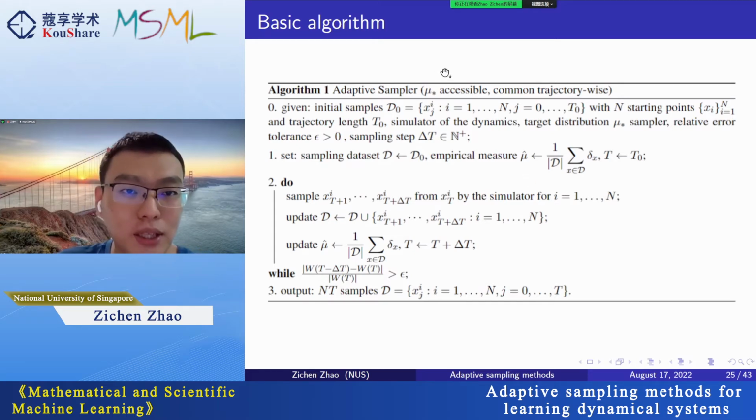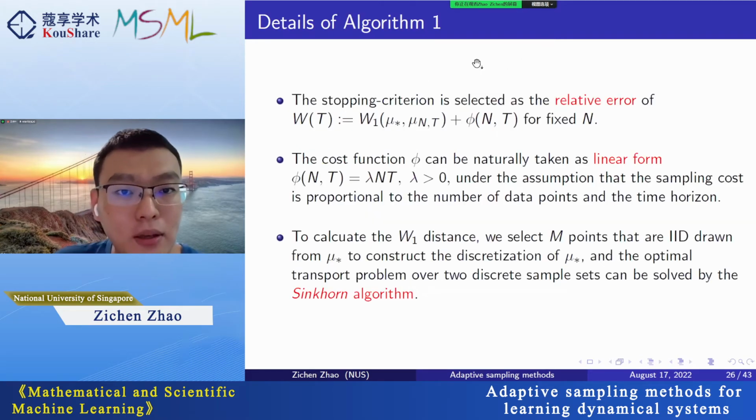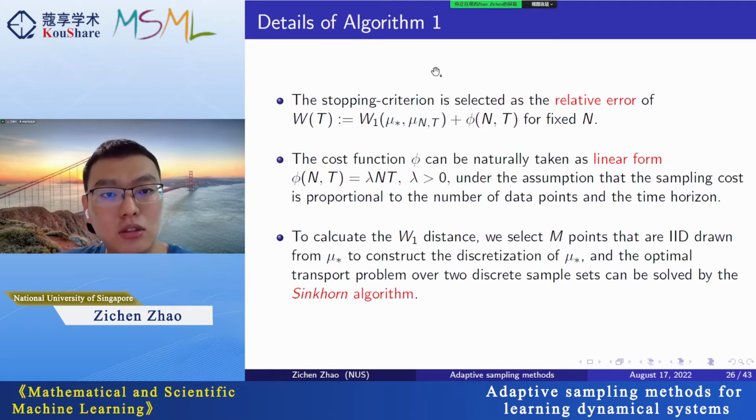So here are some details of algorithm 1. The stopping criterion is selected as the relative error, which is the combination of the Wasserstein distance and the cost terms. The cost term can be naturally taken as a linear form, since the natural assumption is that the sampling cost is proportional to the number of data points and the time horizon.